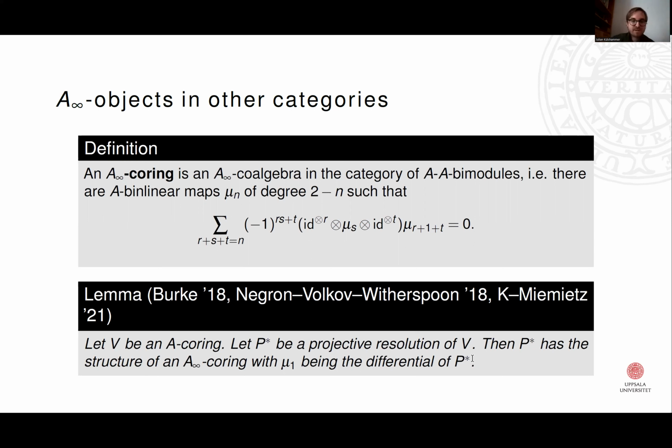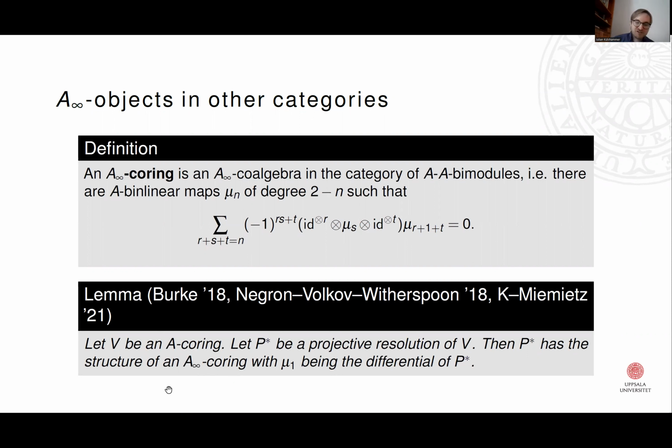So you can transport the co-ring structure to projective resolutions at the expense of having it not on the nose: the co-multiplication is not co-associative on the nose, but up to homotopy and up to a system of higher homotopies, so that you get an A-infinity co-ring structure.